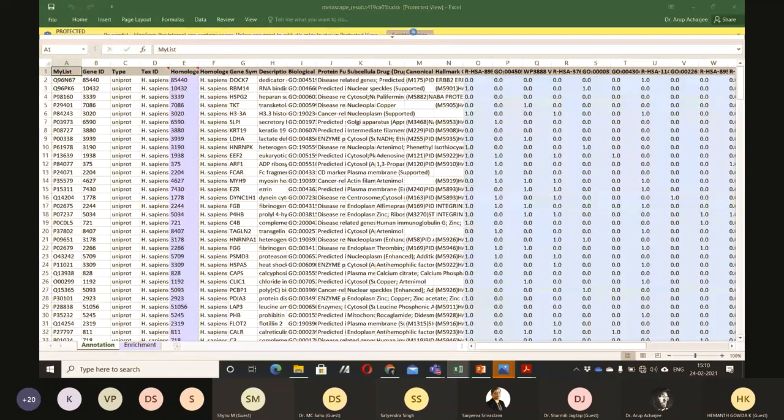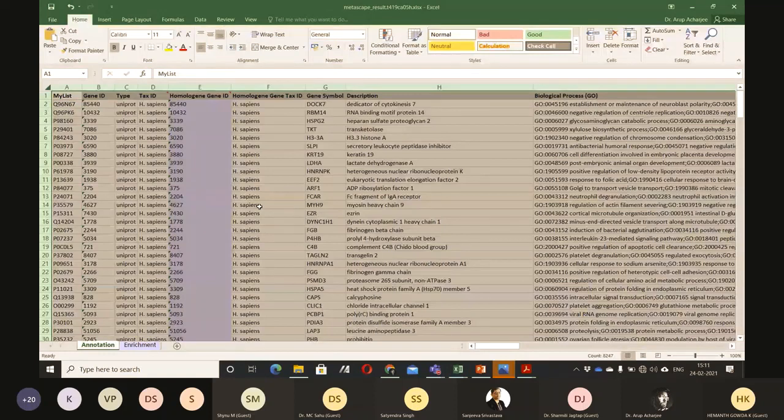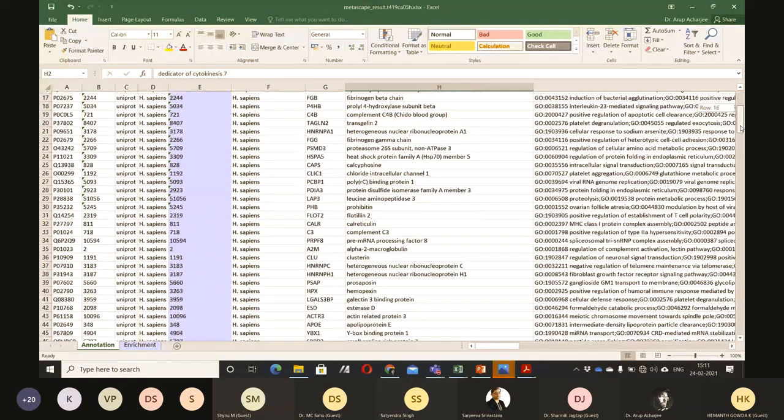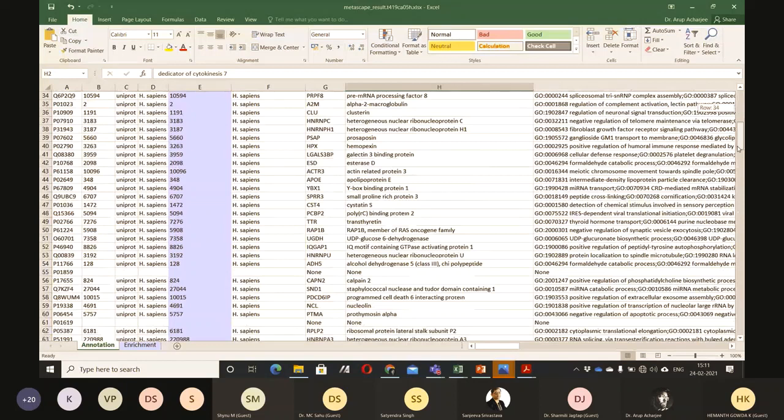So you see here you start getting biological sense of the data. First of all, this was the input list name. Then it has converted it into a gene ID, and it has told that my input name is in UniProt. Taxonomy is Homo sapiens. So this is the gene symbol, and then they have come up with the name of the genes. So all these gene names, which were previously numbers and alphanumeric codes, you will get a mapping of all the genes it could.